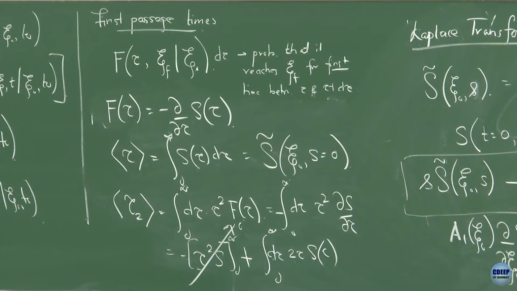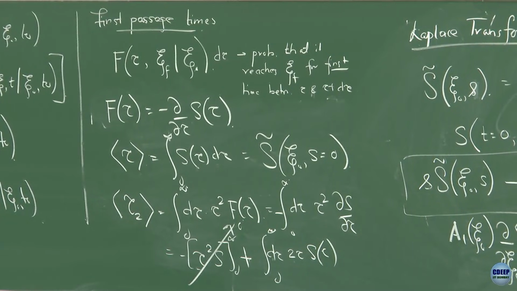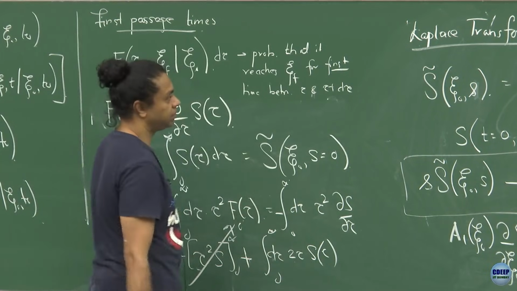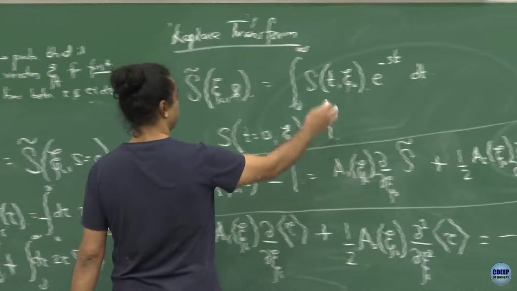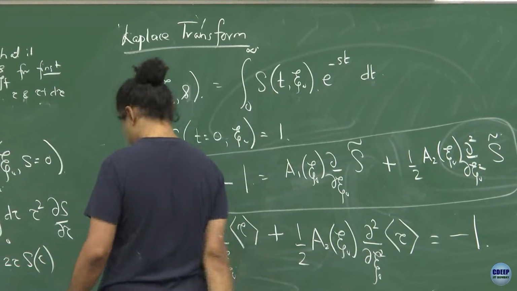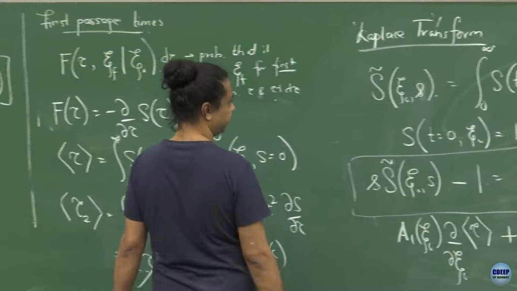And then tau s of tau, if I want to write it in terms of the Laplace transform, I can take a derivative with respect to s and then set s equal to 0, right.